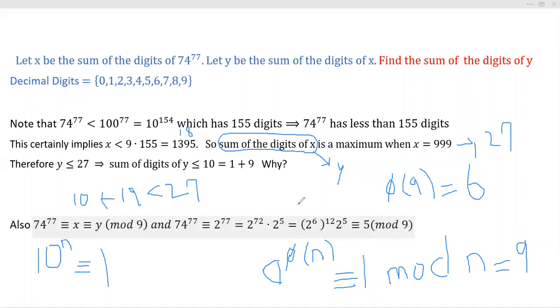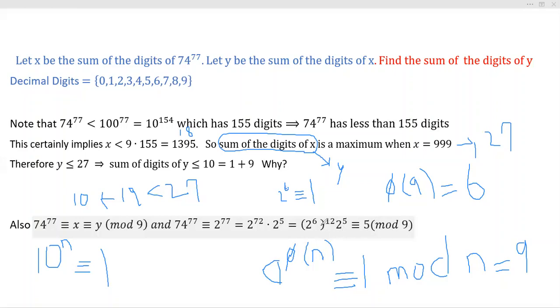That means 2 raised to the 6th power is congruent to 1.